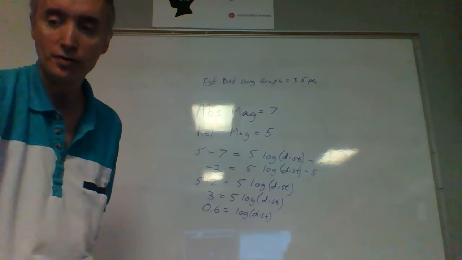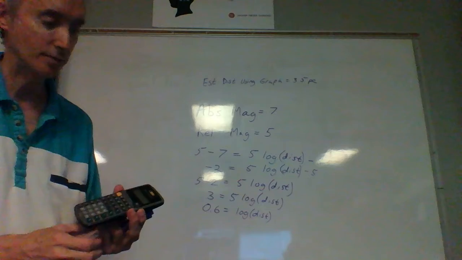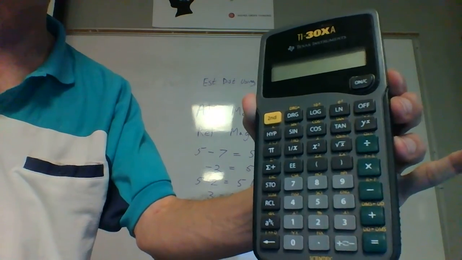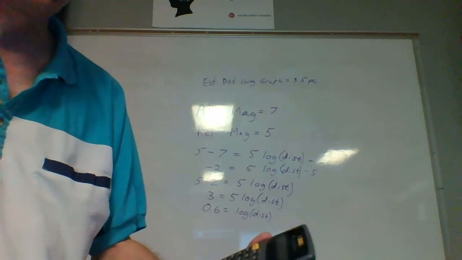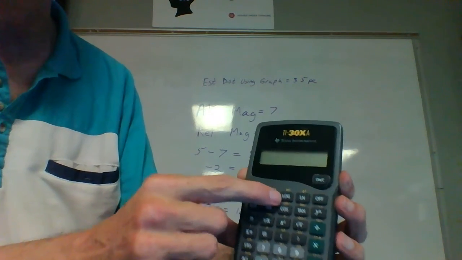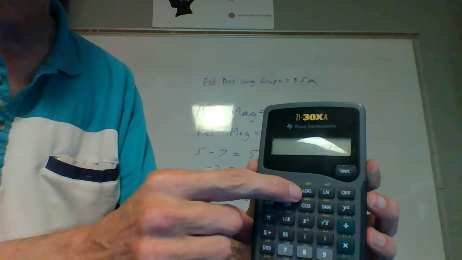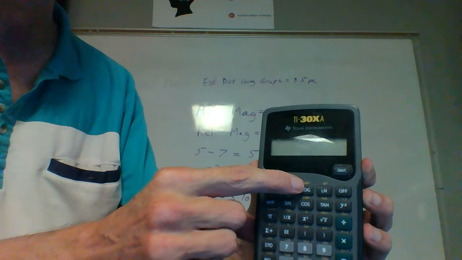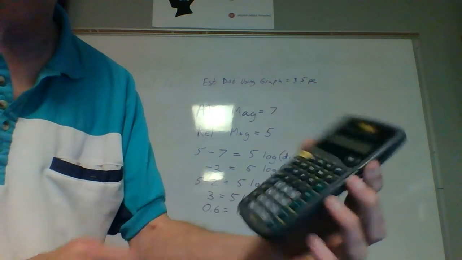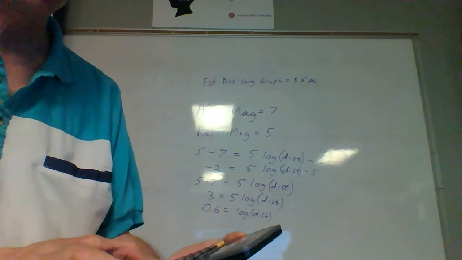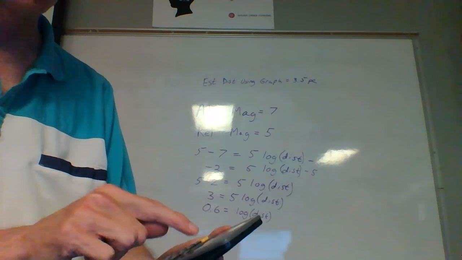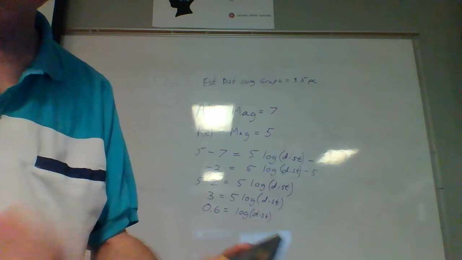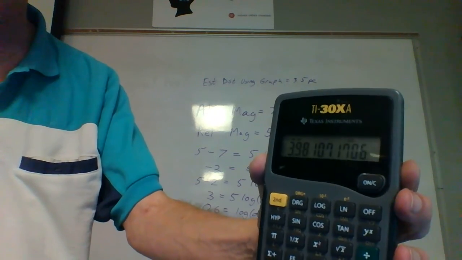The way that you do that is, I just happen to have my Texas Instruments calculator here, and the logarithm button is right there. But what I want is the anti-log, which is right above it in yellow. So I'm going to press 0.6 and then my second function key and then my logarithm key, and I get 3.98.